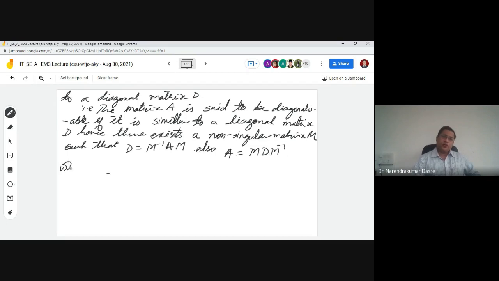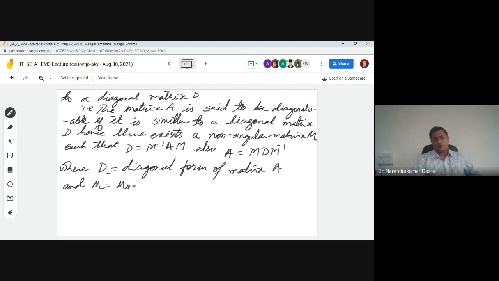Here D is called the diagonal form of matrix A and M is called the model matrix. It is also called the diagonalizing matrix.